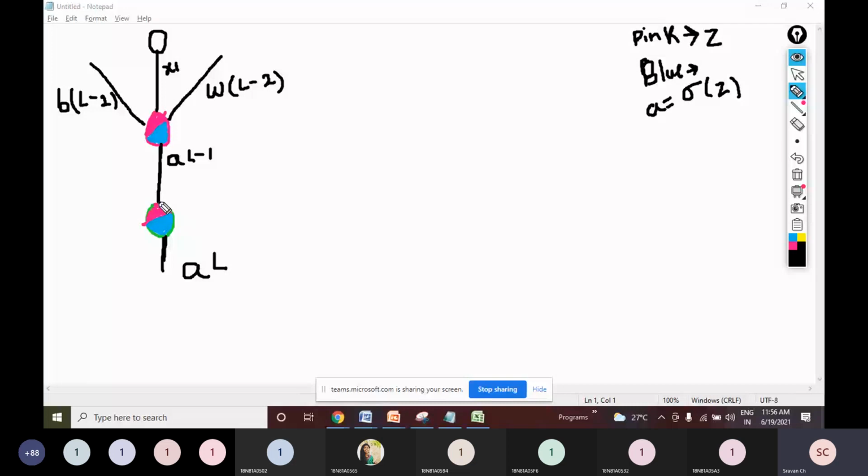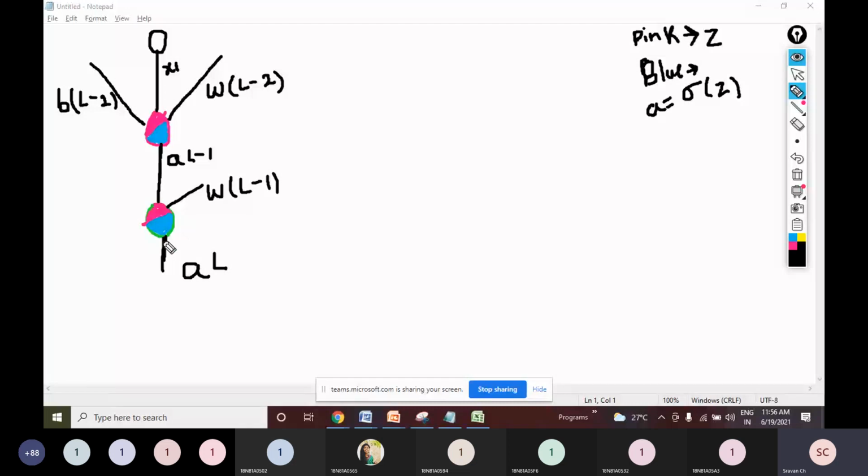Just like x1, since it is the very first node, there is no previous output, so x1 is the direct input. Similarly, the output of this first node becomes input to the second node, but only this input is not sufficient, so there should be a weight also. This is W of L minus 1. I am computing weight for layer L, so for layer L, weight will come from L minus 1.